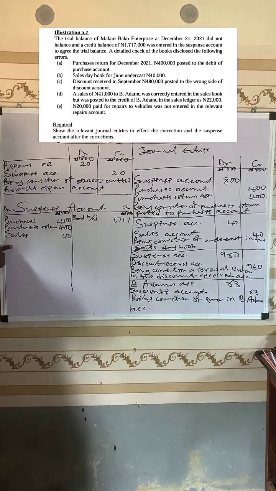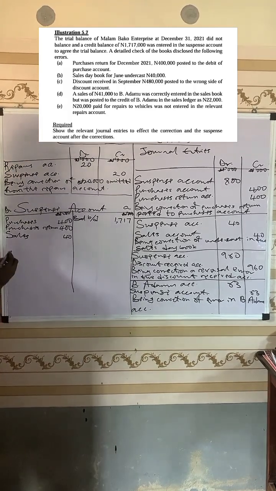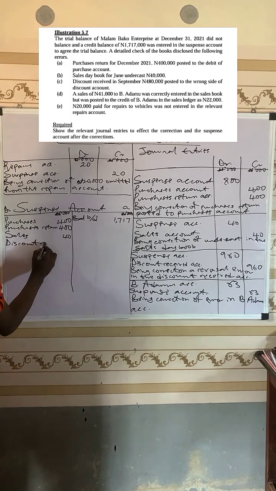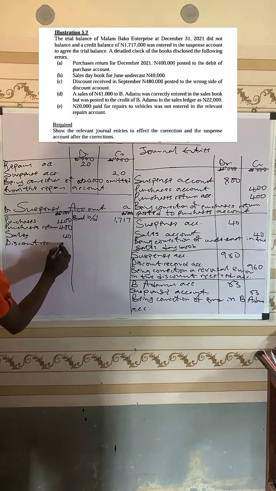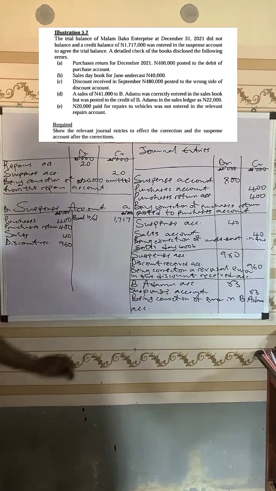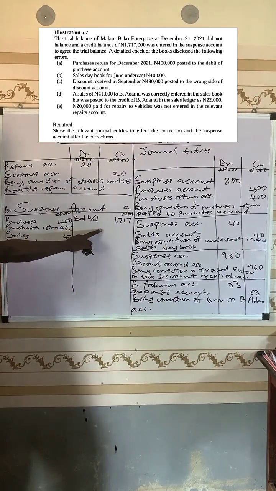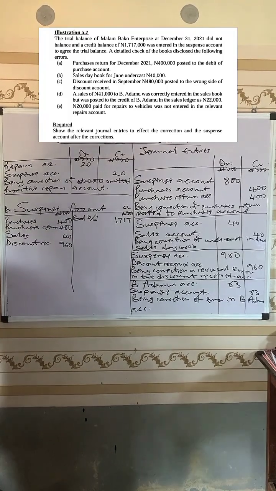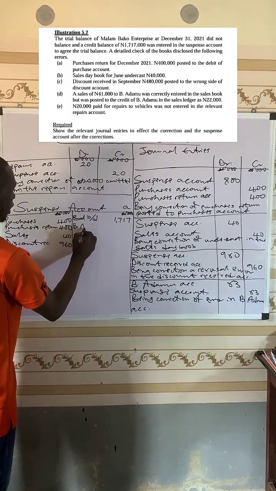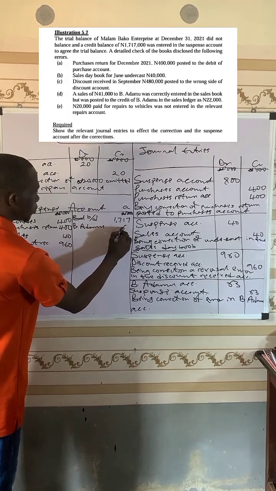So it will also be on the debit of the suspense account, but you will write discount received. 960,000. And we have suspense here, but it is on the credit. So we are recording this part on the credit side of the suspense account. And the particular will be B Adamu, 63,000.